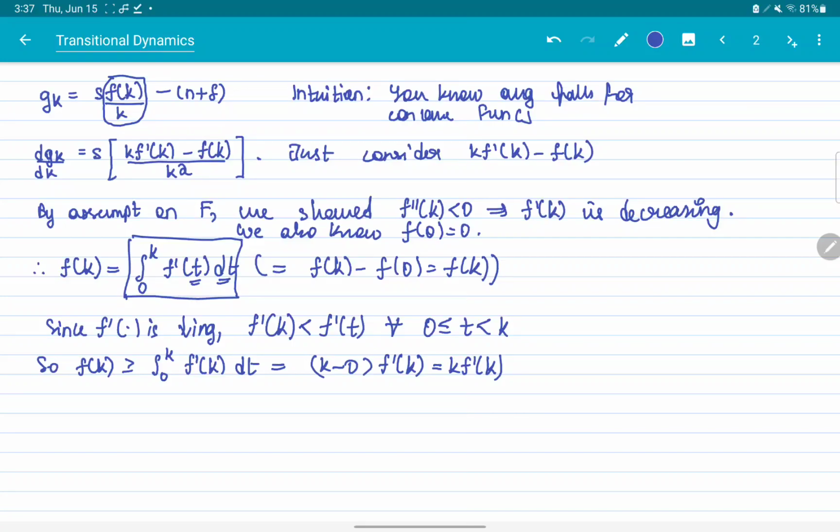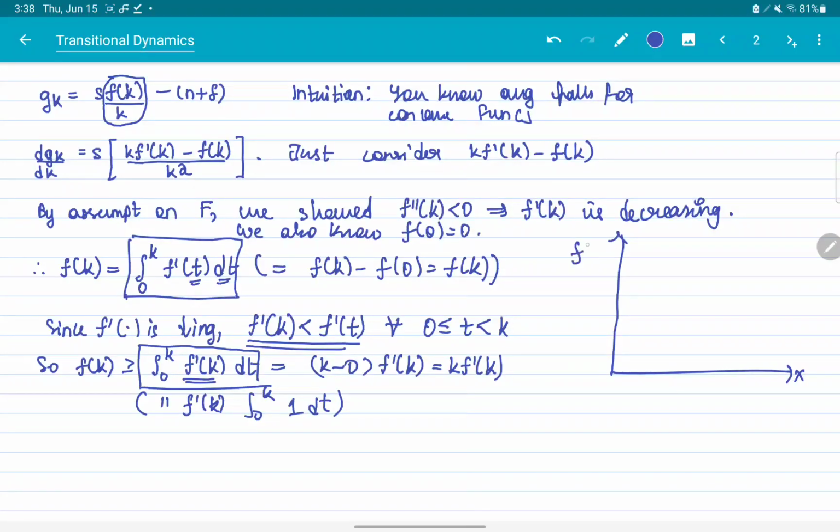This is slightly complicated, so understand: once you replace the f dash t with f dash k, because this is principally true, this can just be written as f dash k times the integral from 0 to k of 1 dt, and you know that the integral of 1 is just t, and then when you put in the upper and lower bound, you'll just get k. Now, you might still have doubts about how we jumped to this step. Understand why. Look at an integral.